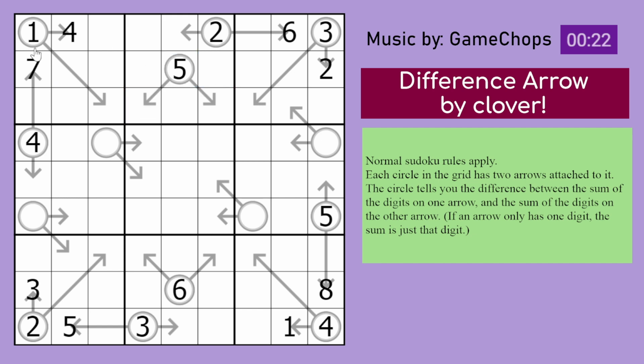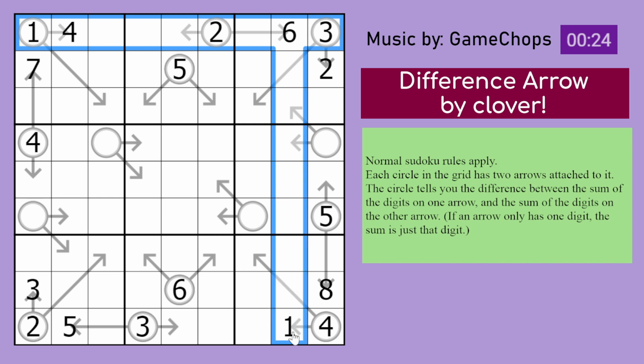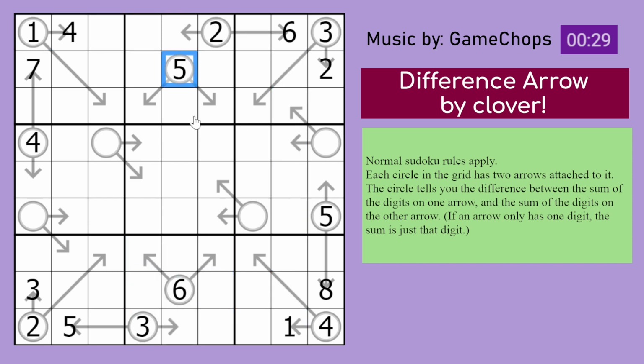Normal Sudoku rules apply, so place the digits 1 to 9 in every row, every column, and every 3x3 box. Each circle in the grid has 2 arrows attached to it, so you can see this one has 2 arrows attached to it. The circle tells you the difference between the sum of digits on one arrow and the sum of digits on the other arrow.